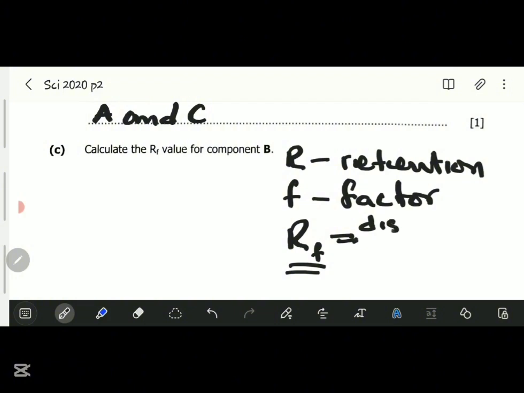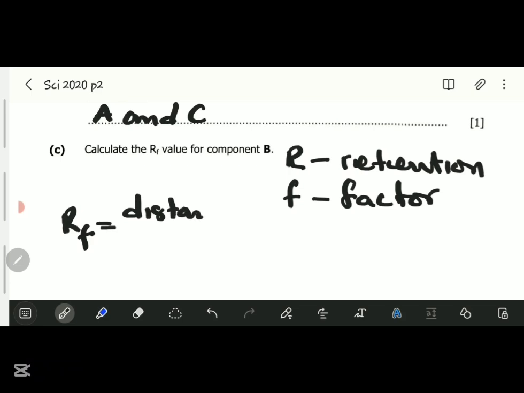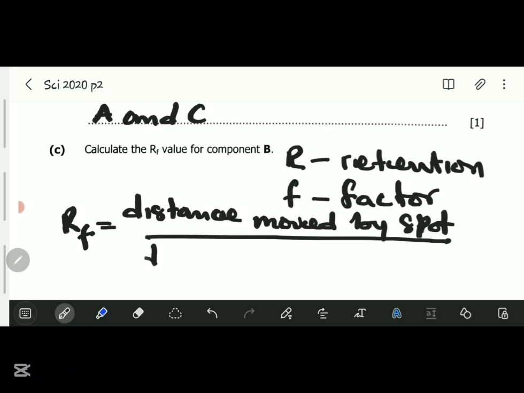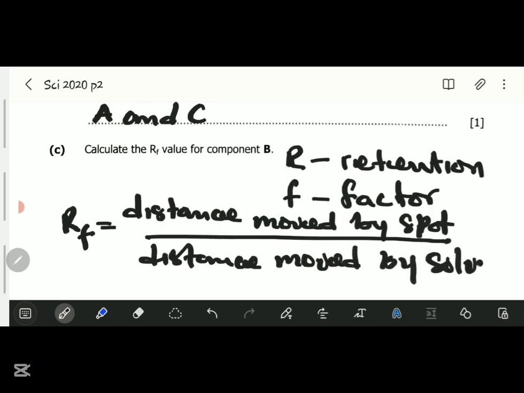So RF is equal to distance moved by spot over distance moved by solvent.